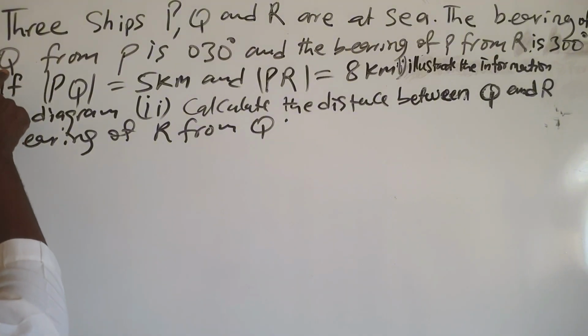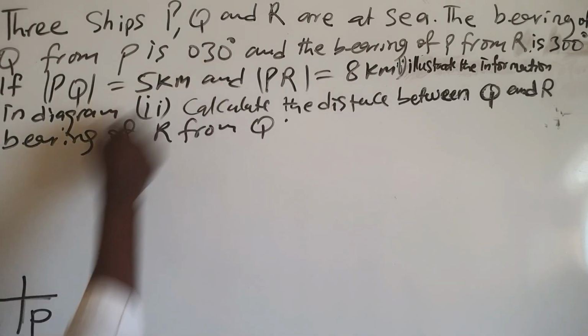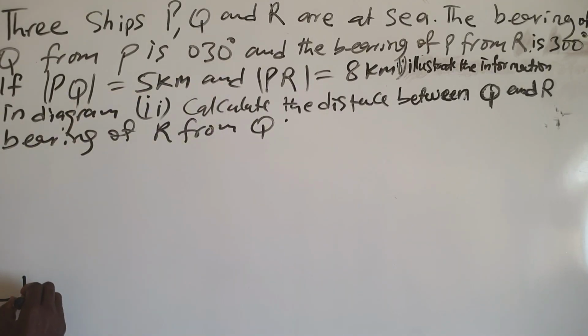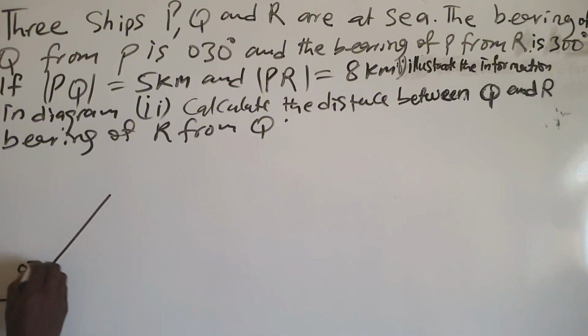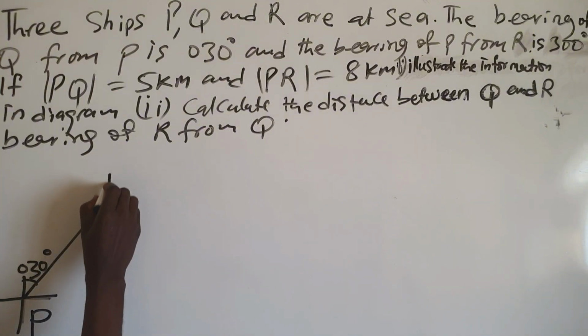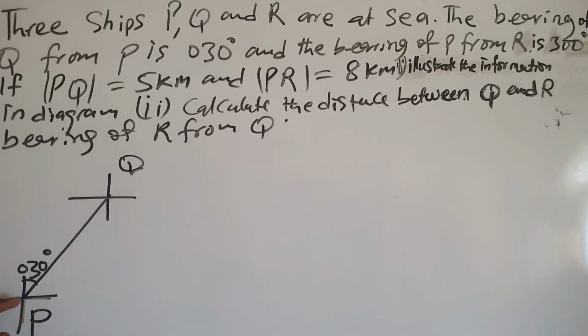So the position of Q from P means we start taking the bearing from P. It is 030, so we take the 030 from here, meaning that here is 030 degrees, because the bearing is starting from P, because they say Q from P. It will be from P. Now it is here. This is where Q is located, considering the bearing.